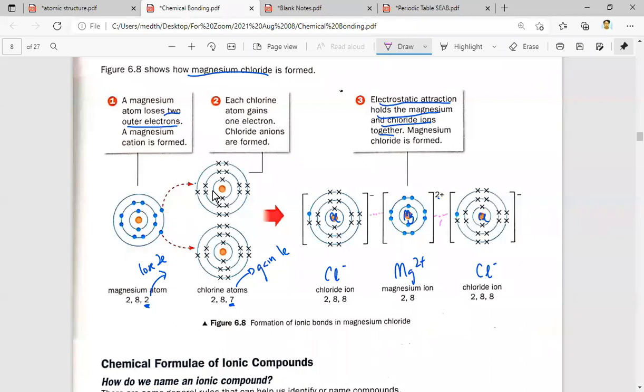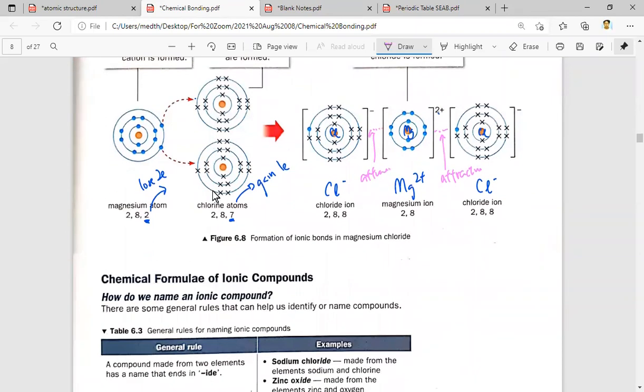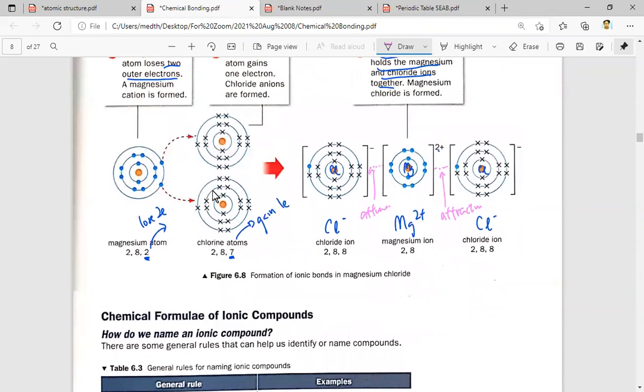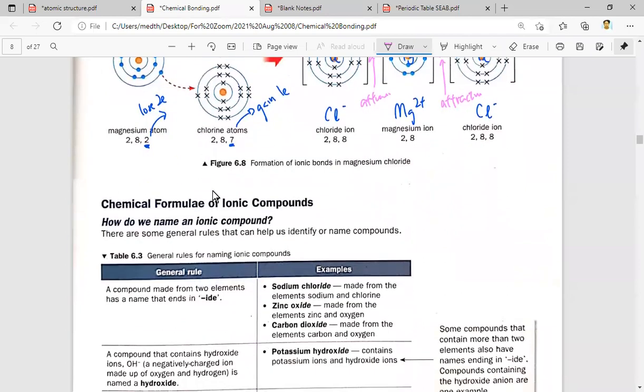So there's attraction over here, and attraction over here. Why? Because one of them is a plus, one of them is a minus. As long as they're oppositely charged, they will have the attraction. Okay, so this is the dot and cross diagram.